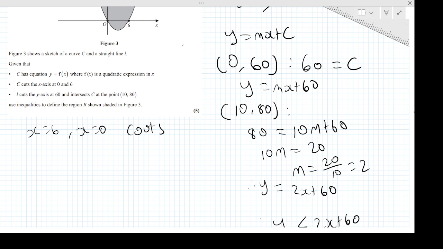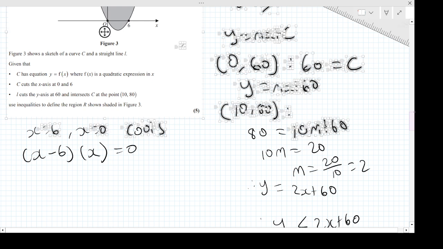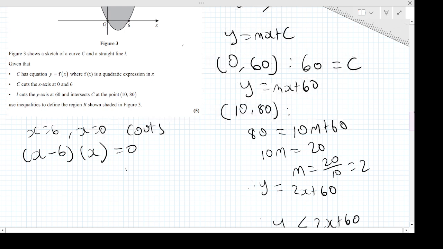Remember, we would factorize to get the solution. So x minus 6, well, x minus 0, but that's just x. If you set that equal to 0, then you get the solution. So those are the factors. To get the quadratic, we would expand it, because we're working backwards in a way. We factorize it, and to get the quadratic expression, we can expand the factors.